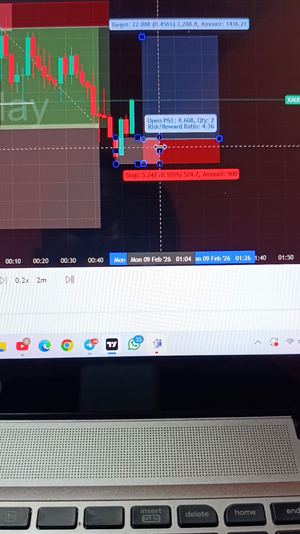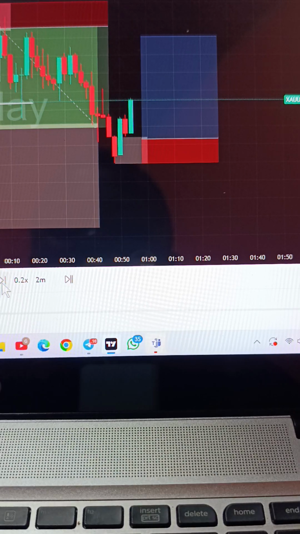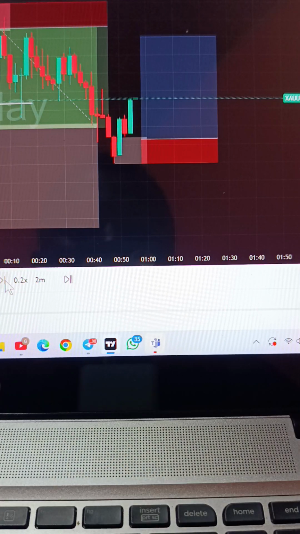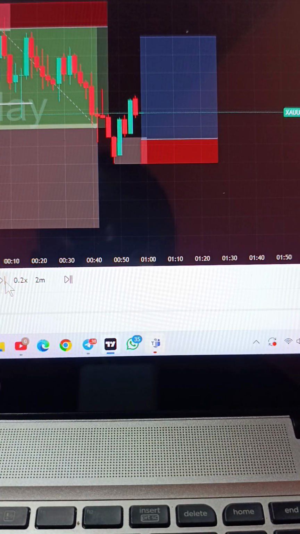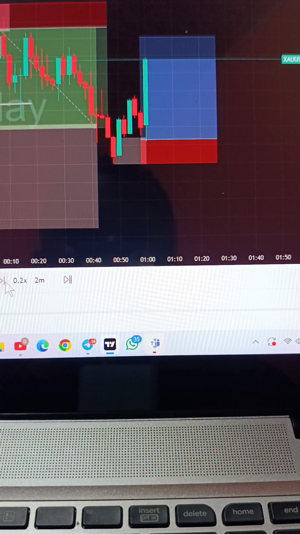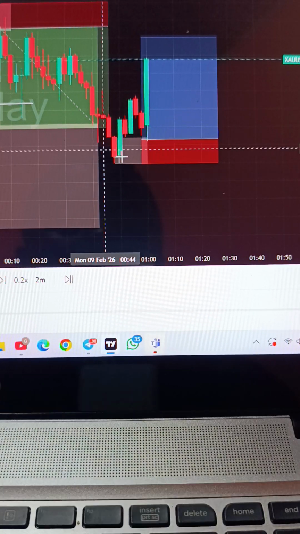Okay, so for our strategy to hold, price must respect the zone that has been selected. So let's see if we can get an entry. Yes, and then see how precise price taps into the entry.